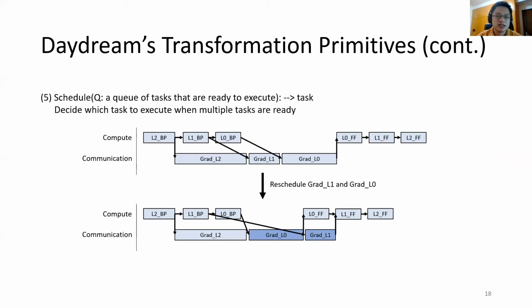Since both timelines are based on the same dependency graph, to achieve this rescheduling, users will need to override the schedule function. The schedule function returns one task from a queue of tasks that are ready to execute, and this function is invoked by the simulation process. Users can override it and implement any custom scheduling policy.